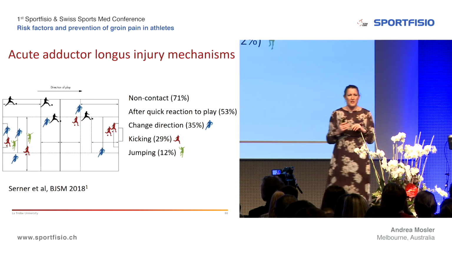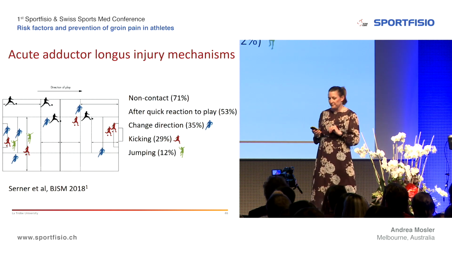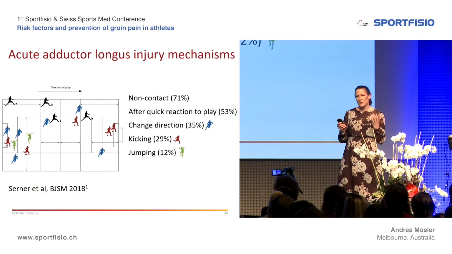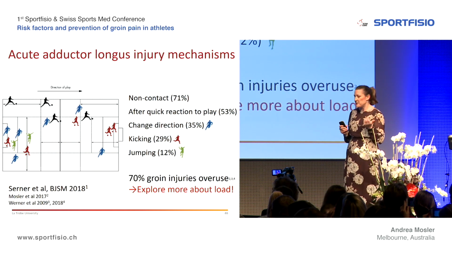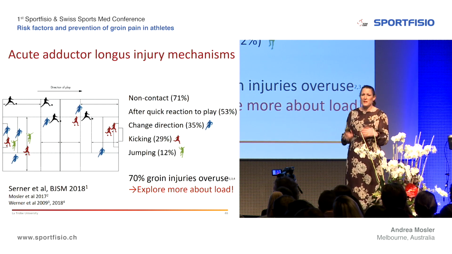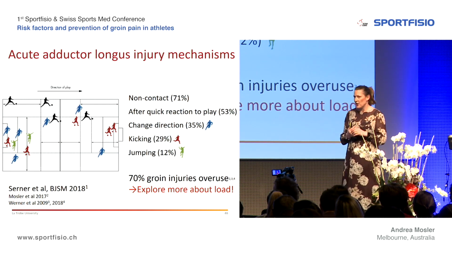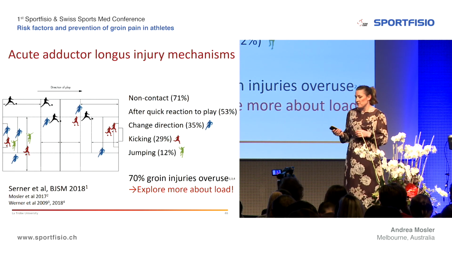And this is where the groin injuries occurred across the field, so no real pattern there. So this is looking at acute adductor longus injury mechanisms. However, we know that approximately 70% of groin injuries are due to overuse. So we really need to explore more about load and its relationship with injury mechanisms for groin injuries.